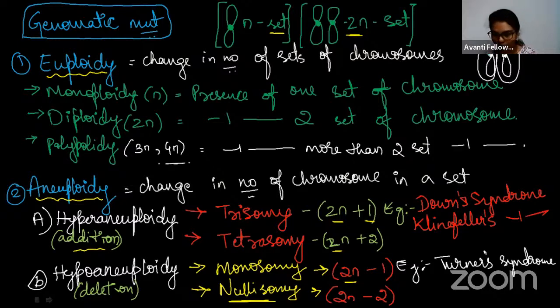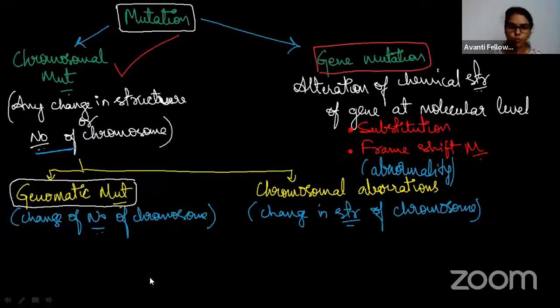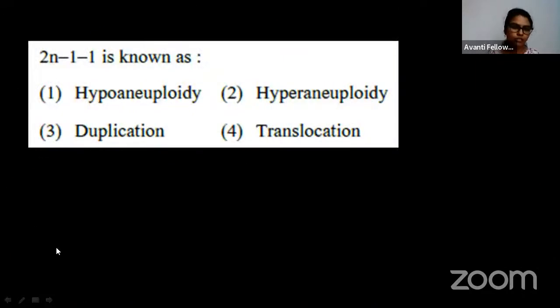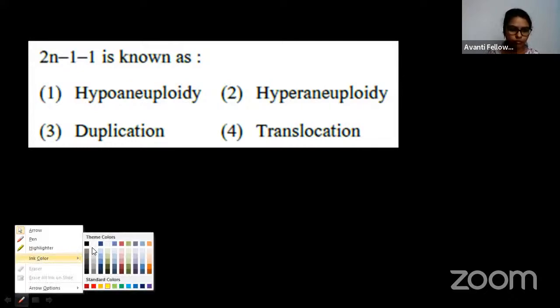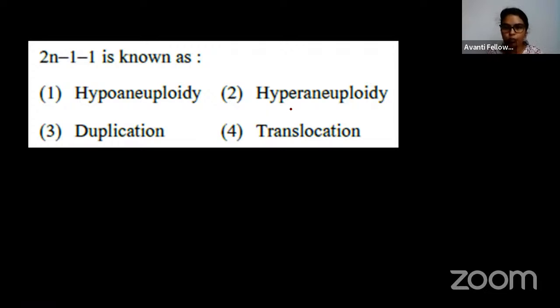So this is the question that is asked in your option. एक पूछा गया है hyperaneuploidy and another one asked is hypoaneuploidy. Hyper means addition, hypo means deletion. So what have you understood by this? Now let's come here. Hyperaneuploidy means you are going to add, hypo means delete.